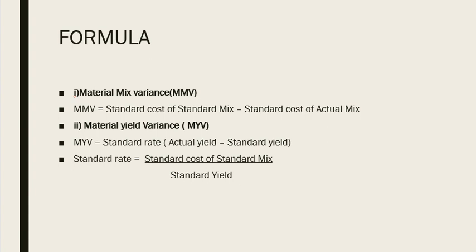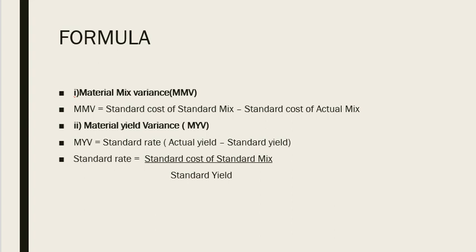Then material yield variance, which is MYV, is equal to standard rate into actual yield minus standard yield. The difference between your actual yield and standard yield will be multiplied with the standard rate to get your material yield variance.